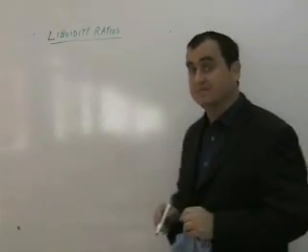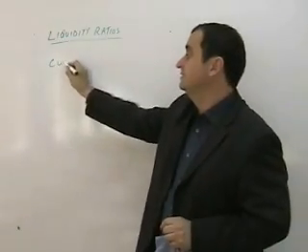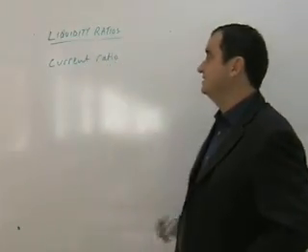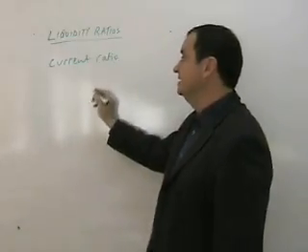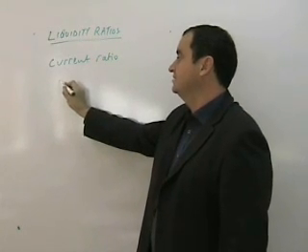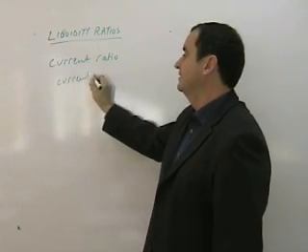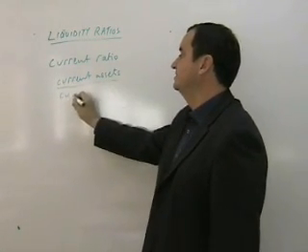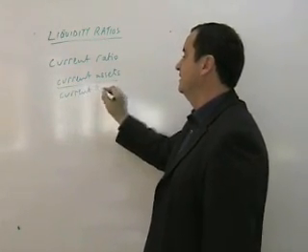So the first ratio is the current ratio. The current ratio, sometimes called the simple ratio, is calculated with this equation. Current assets divided by current liabilities.